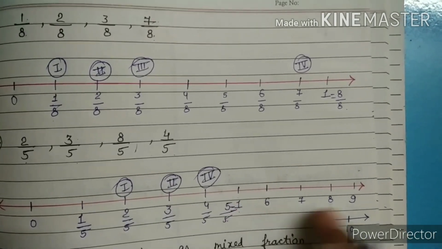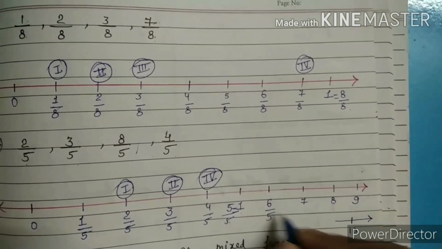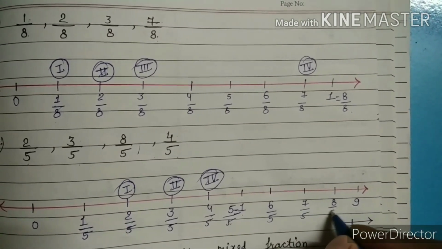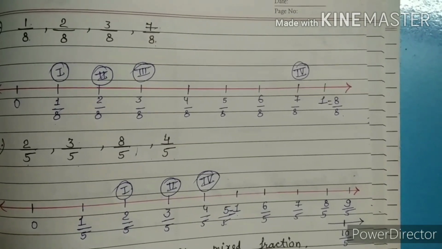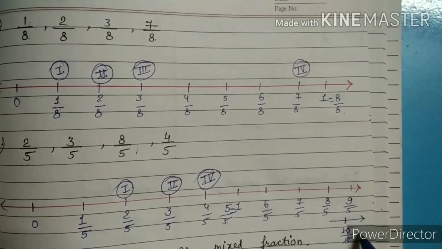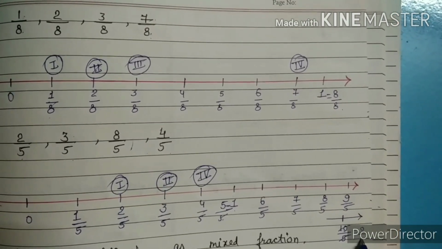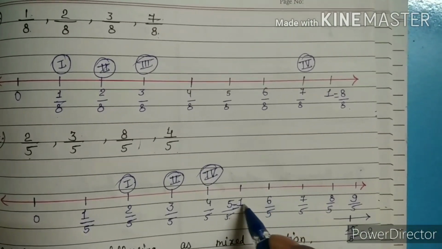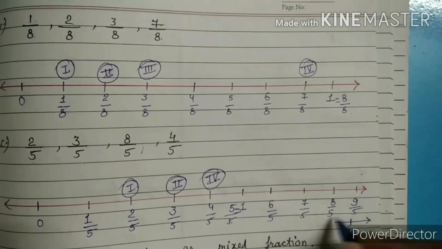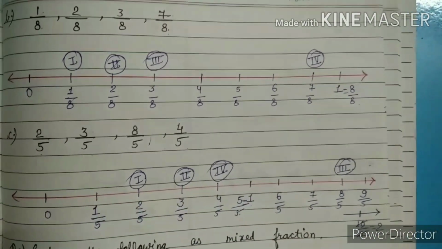What is running in the denominator? Denominator 5. So here again 5 will come. Now 5 and 10 will give us the whole number 2. Okay, now have you seen 8 by 5? Yes, 8 by 5 is coming between 1 to 2. Here is 8 by 5. So this is our third fraction that we have to represent.